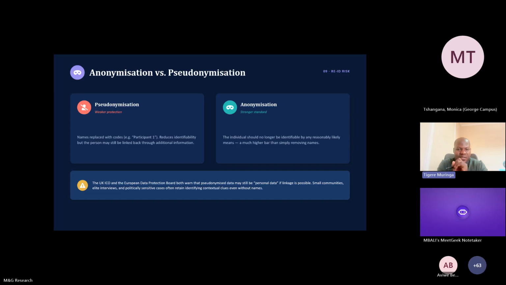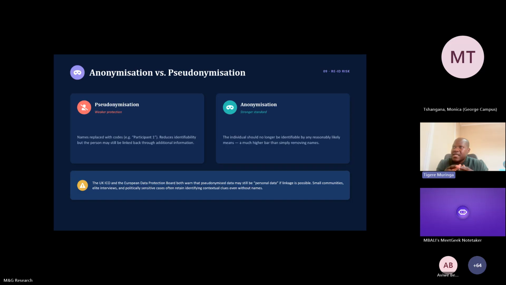What we've actually seen over the years is that pseudonymization reduces identifiability, but does not remove data from privacy regulation, if the person can still be linked to the record through additional information. Names replaced with codes does not mean that we cannot identify who the persons were.